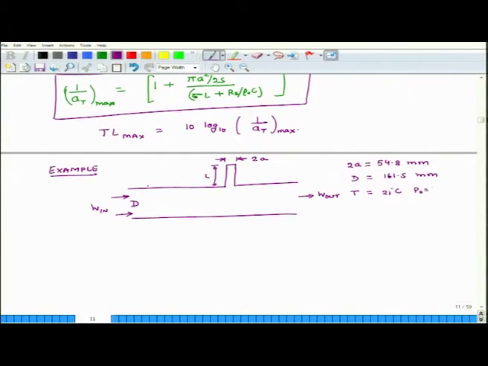Pressure is 101.3 kilopascals. So, for these conditions the density of air is 1.2 kilograms per cubic meter, velocity of sound is 343.8 meters per second.